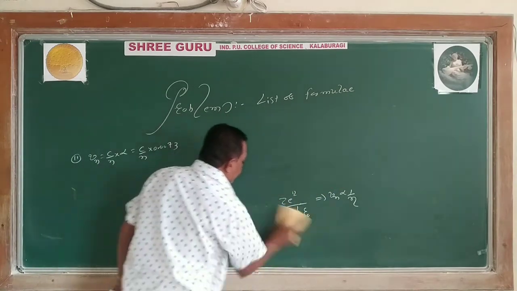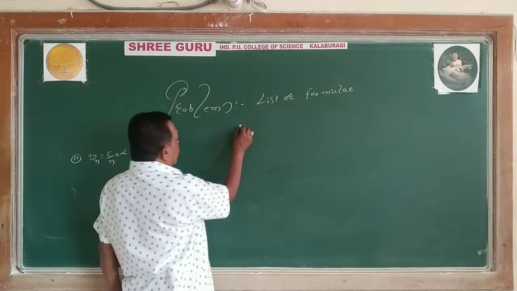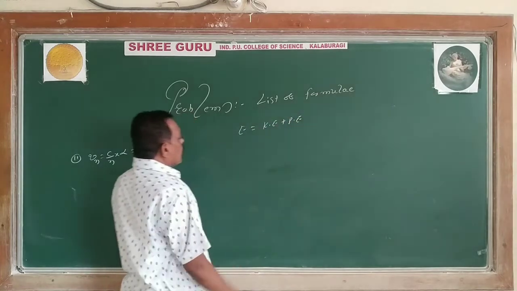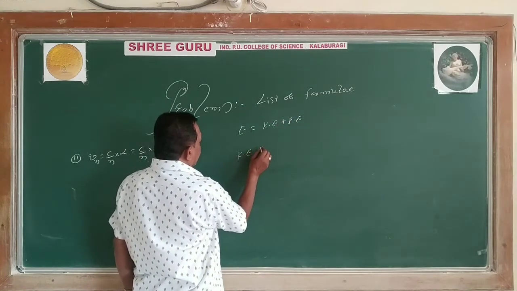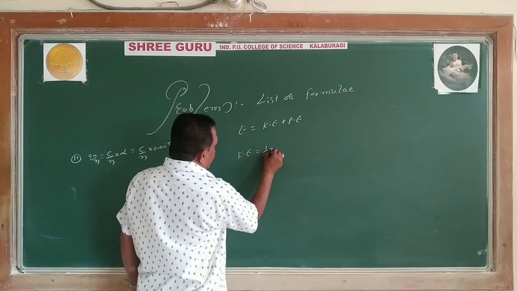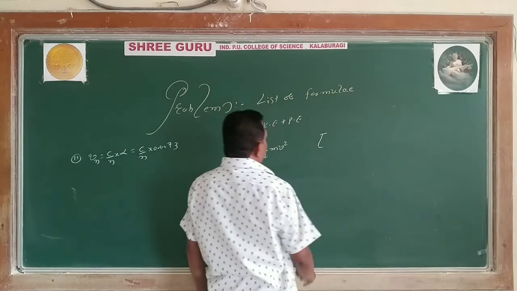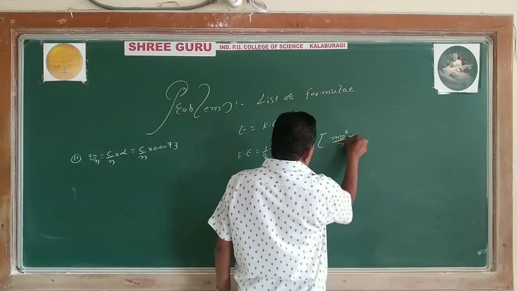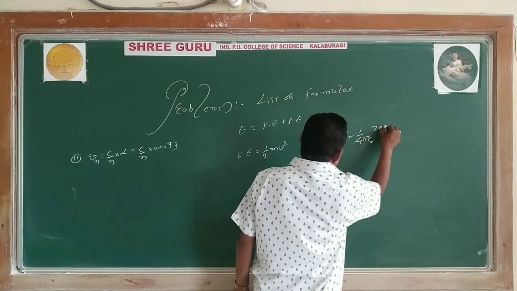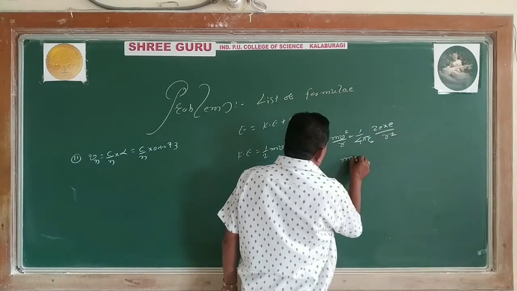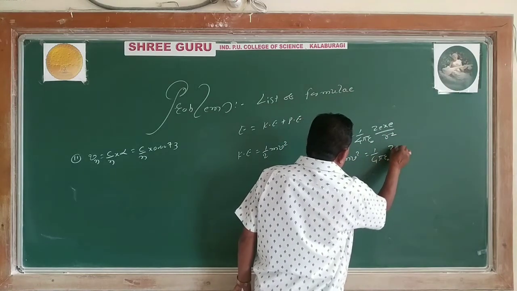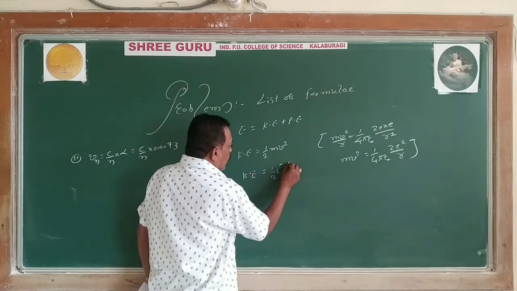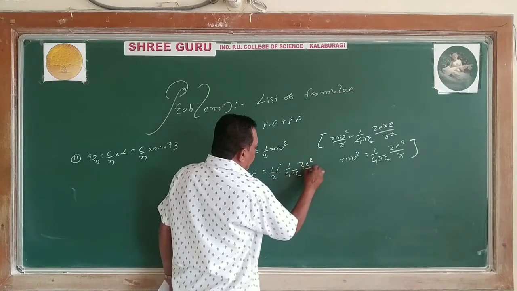Then after this we come across the total energy of the electron in the stationary orbit, the kinetic energy and potential energy. The kinetic energy is nothing but half m v square. From the balancing condition, m v square by r equals 1 divided by 4 pi epsilon naught, z e square by r square, so m v square equals 1 divided by 4 pi epsilon naught, z e square by r. Substituting, kinetic energy equals 1 by 2, 1 by 4 pi epsilon naught, z e square by r.